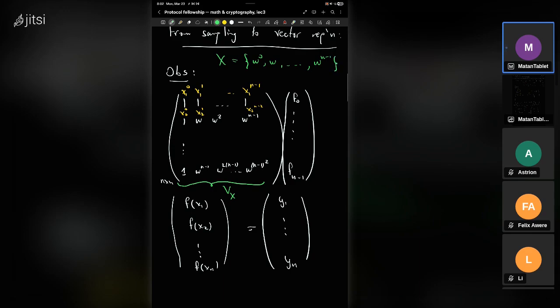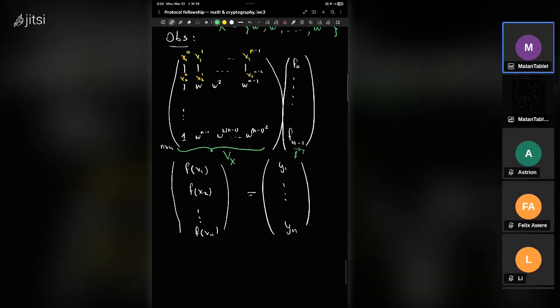Let me write this as F vector transpose, and this as Y vector transpose.